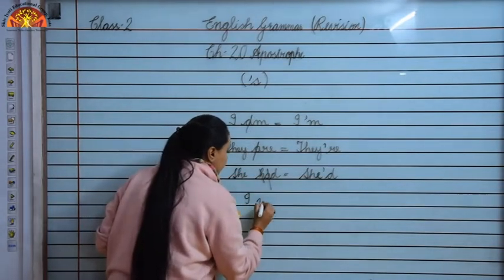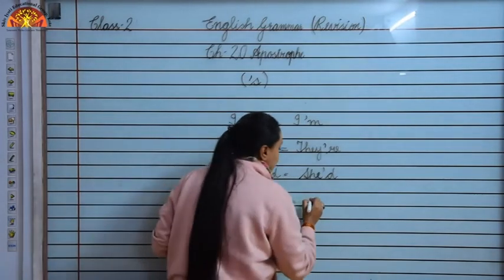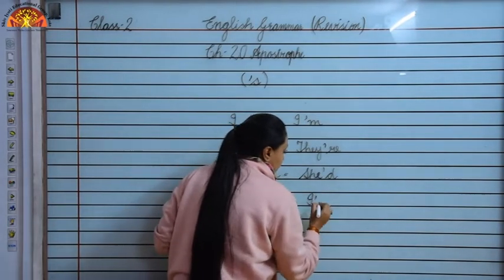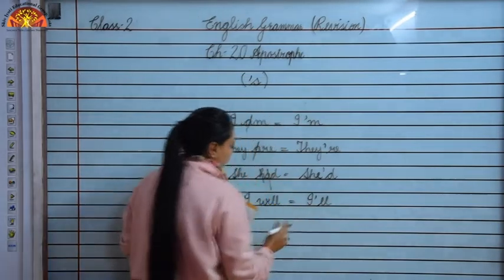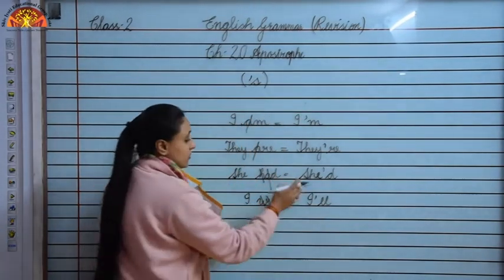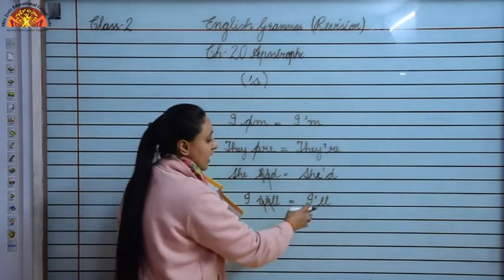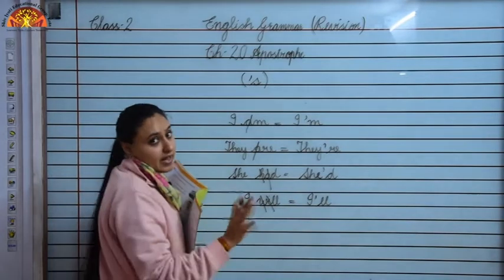I will. The short form for I will is I'll. In this I have omitted w and i. So what will it become? I apostrophe double l, I'll. I will read it as I will only.